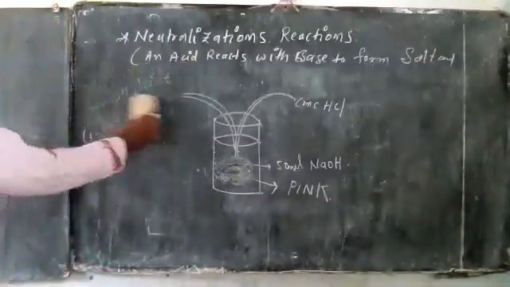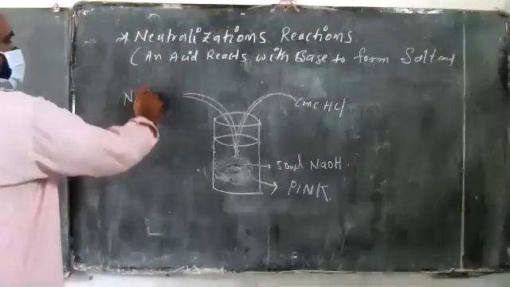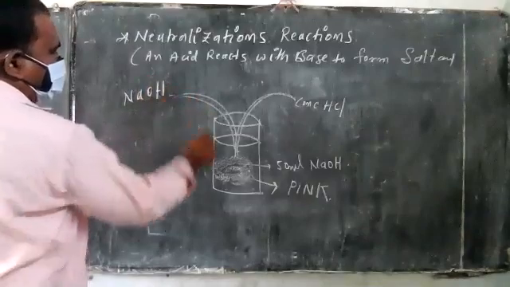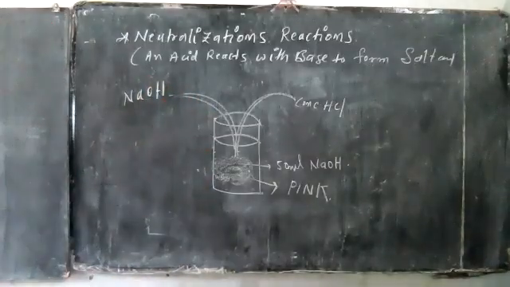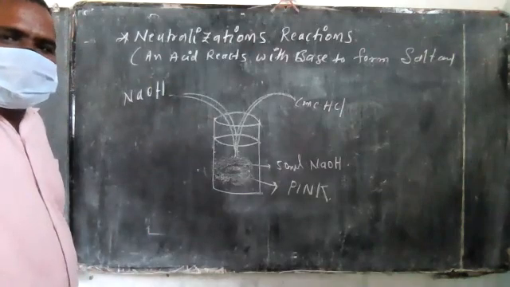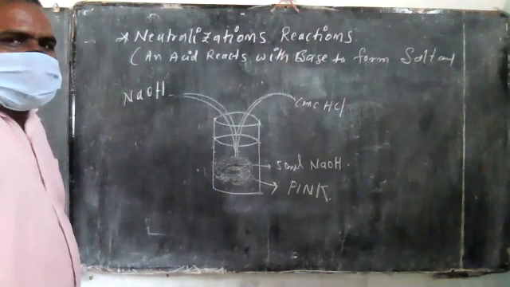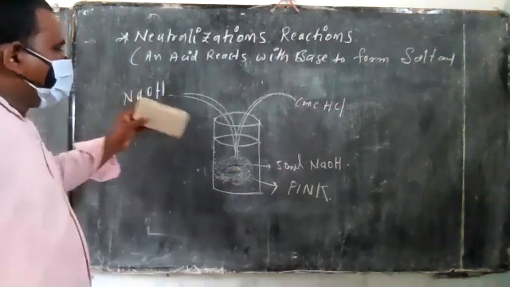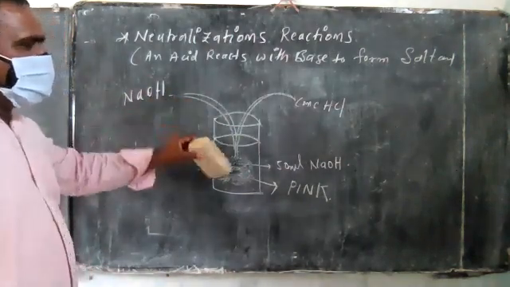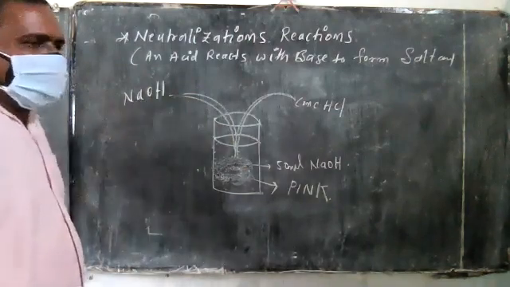Now on the other side, again add the NaOH solution. What happened? Again adding the NaOH solution, the pink color reappears. Why? As NaOH is added, slowly the HCl intensity is decreasing and the NaOH intensity is increasing.